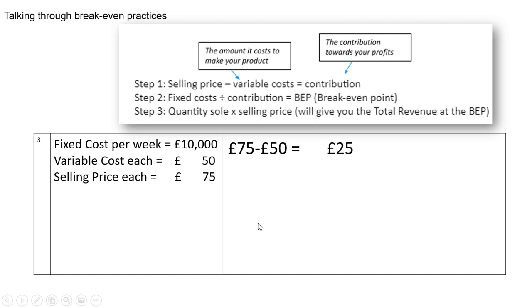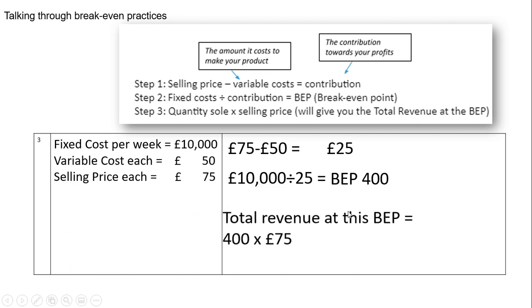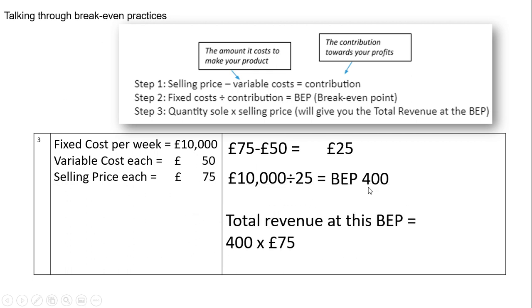Hope you like the little bounce thing. Right, next one is our fixed costs divided by our contribution. And we have to sell 400 units in order to break even. Last one we've got to work out is that 400 units multiplied by how much we sold it for, we'll get a total revenue of £30,000.